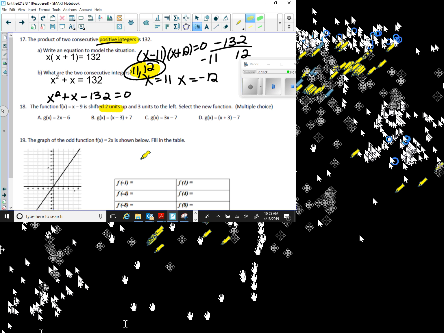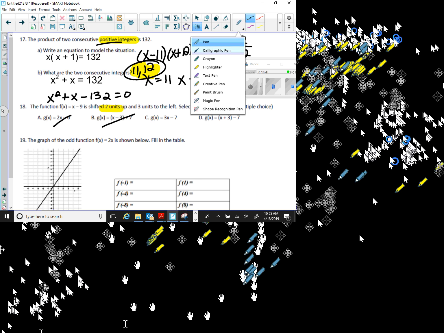So it already says x minus 9. What is negative 9 plus 2? Negative 9 plus 2 is negative 7. So it's either C or D. You can eliminate B. You can eliminate A.